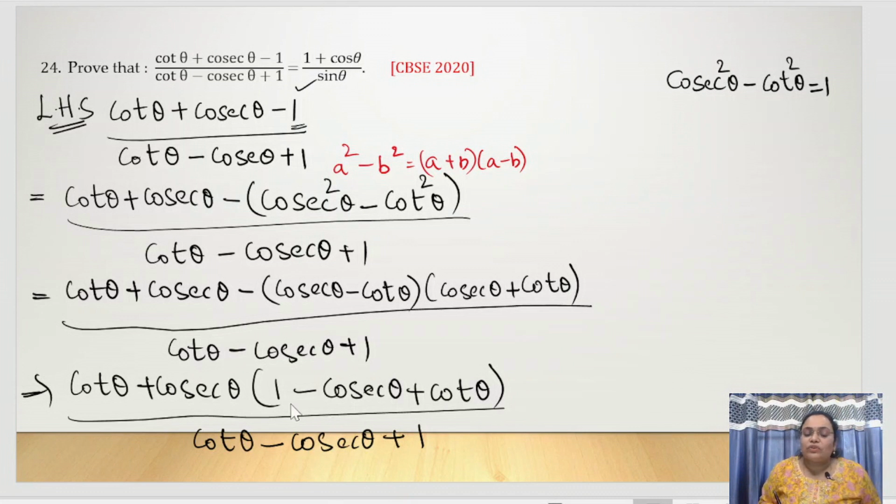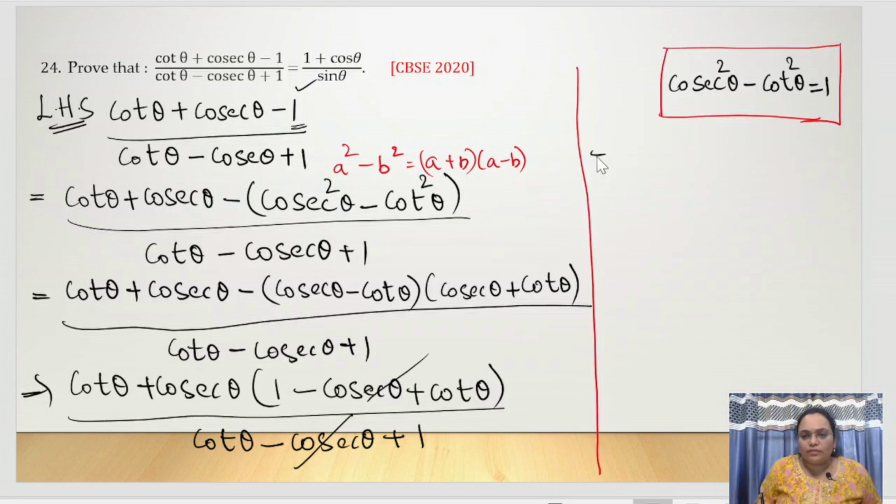If you see the numerator and the denominator, it is same. So we can cancel the numerator and denominator. So this will be cot theta plus cosecant theta.